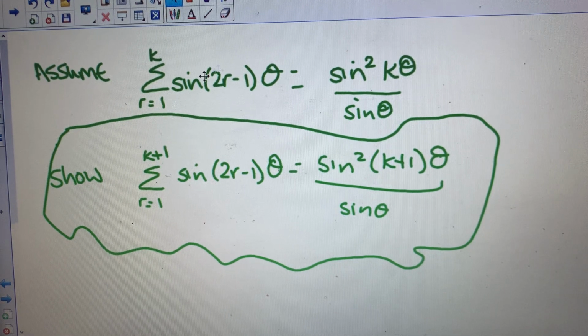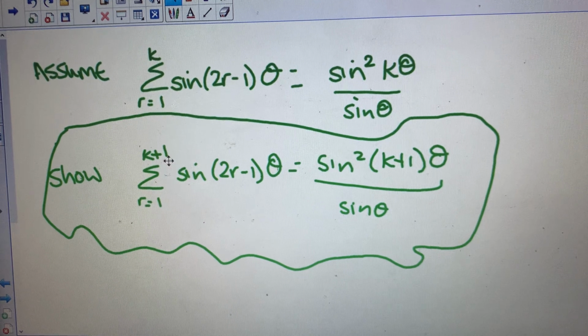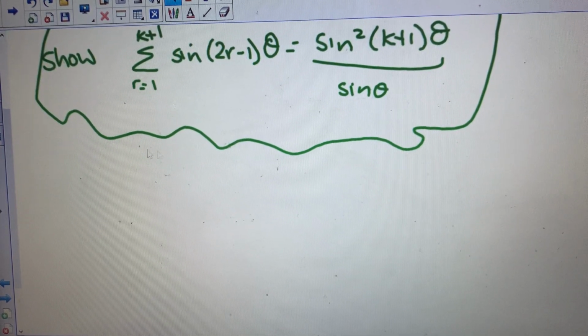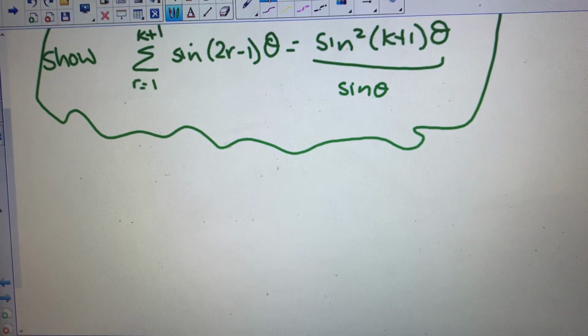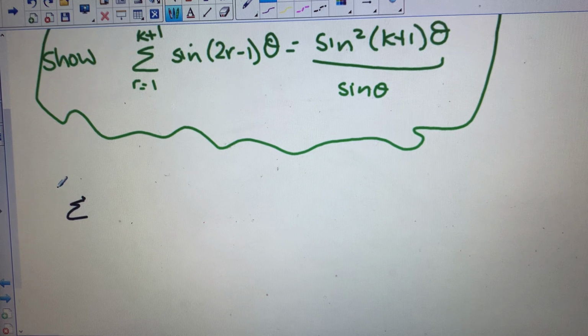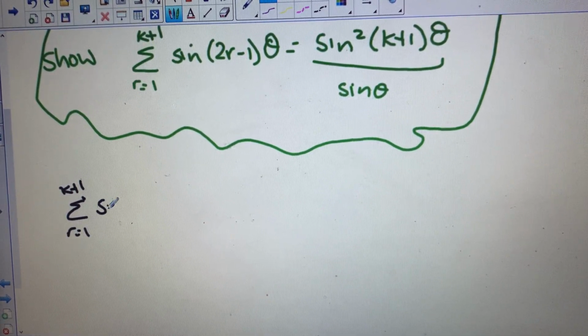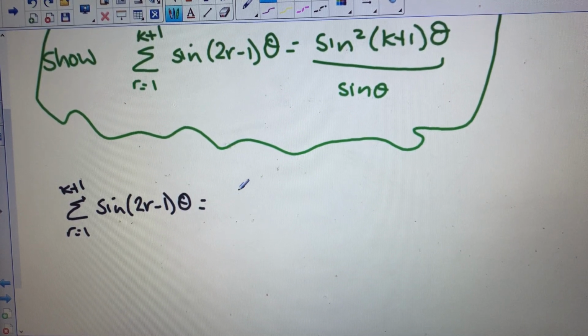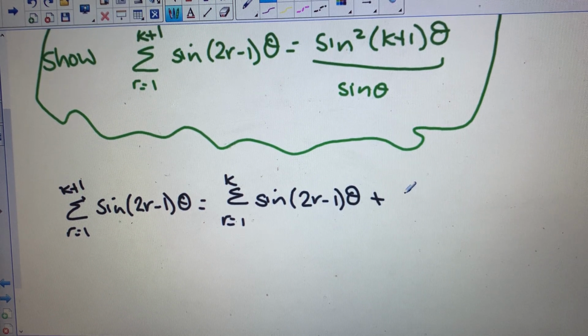Are we ready? So the first thing I'm going to do is rewrite this summation. I'm going to do that in black. I know that the sum from r equals 1 to k plus 1 of sine (2r minus 1) theta is going to be the sum of the first k terms plus the k plus 1th term.